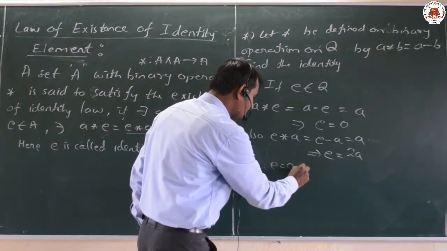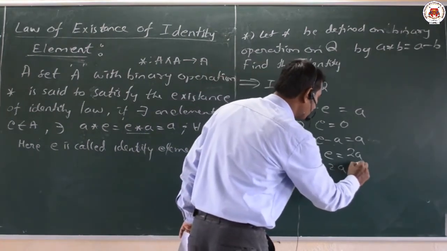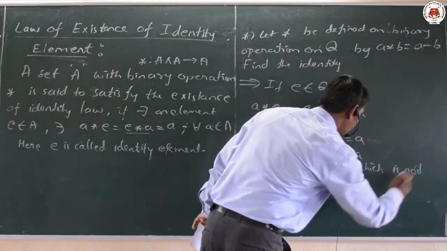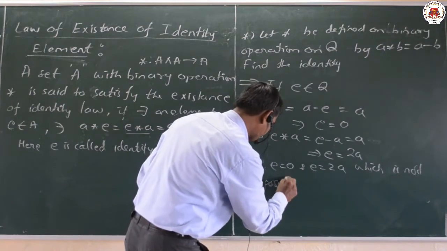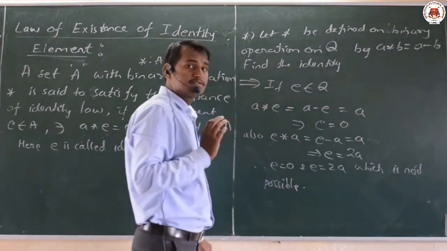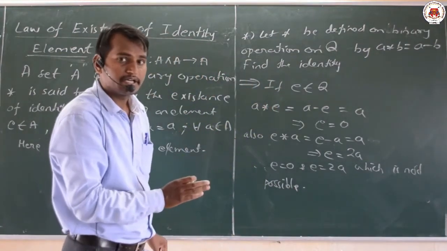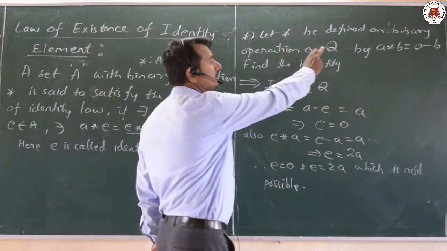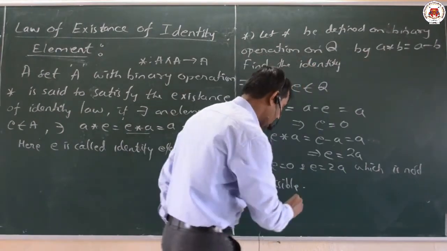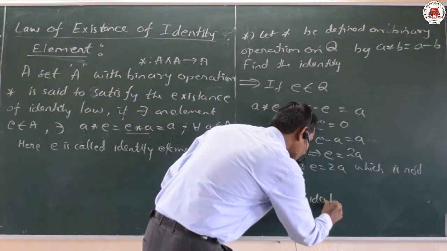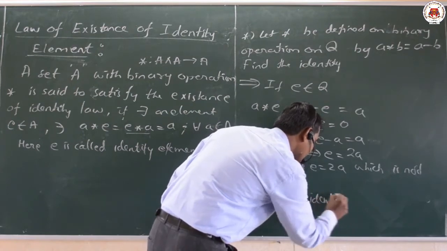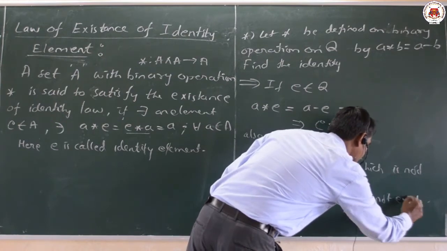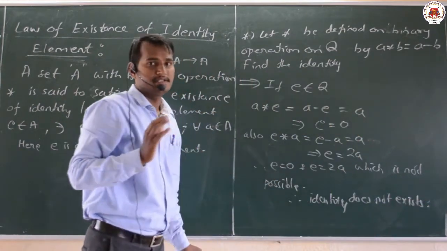Therefore E equal to 0 and E equal to 2A, which is not possible. That means the identity does not exist in Q defined over A minus B. That is a very simple problem.